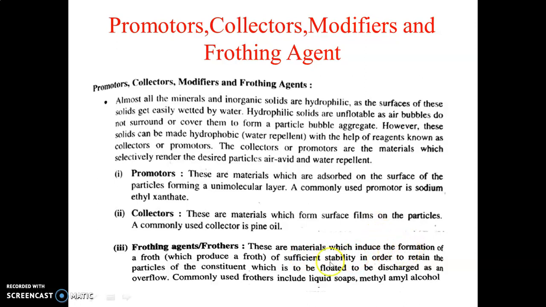These agents form a sufficient froth. Why are we forming the froth? Because the material which is hydrophobic is collected in the froth, so this material must float on the liquid surface. Therefore these frothing agents are added. What are the common frothing agents? Liquid soap, methyl amyl alcohol. These are called frothing agents or frothers.